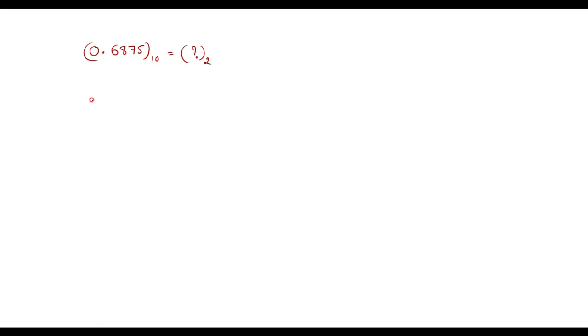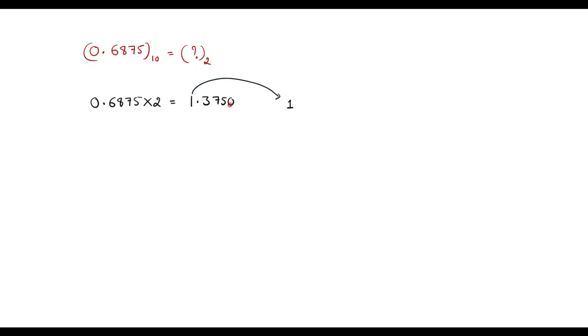First let me take the number 0.6875 into 2. If we multiply, the result will be 1.3750. Here 1 is the integer part, 0.3750 is the fraction part. Now let me write this 1 here.